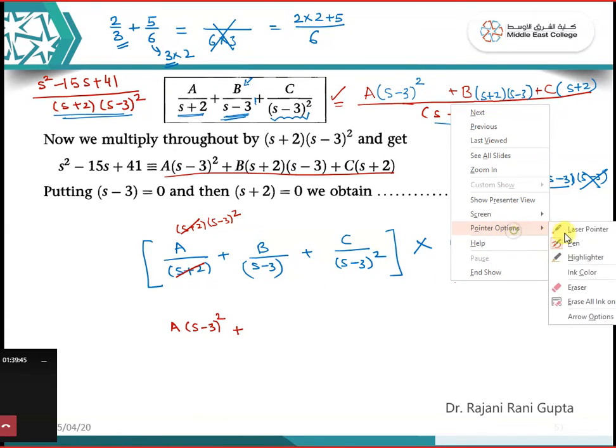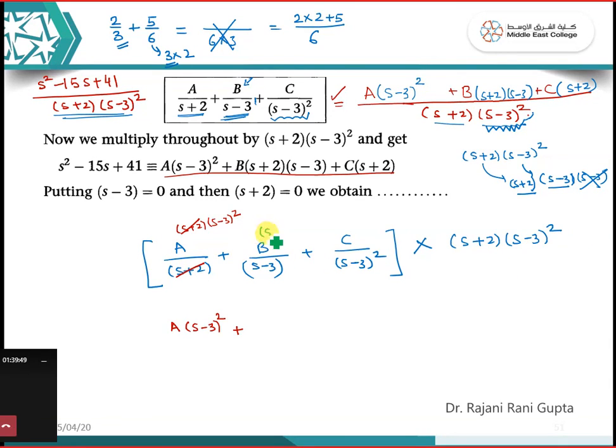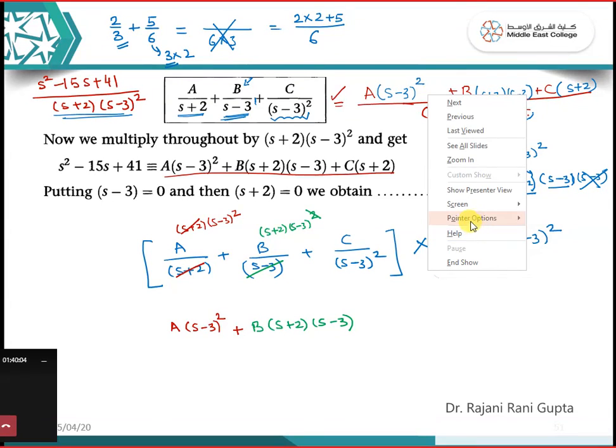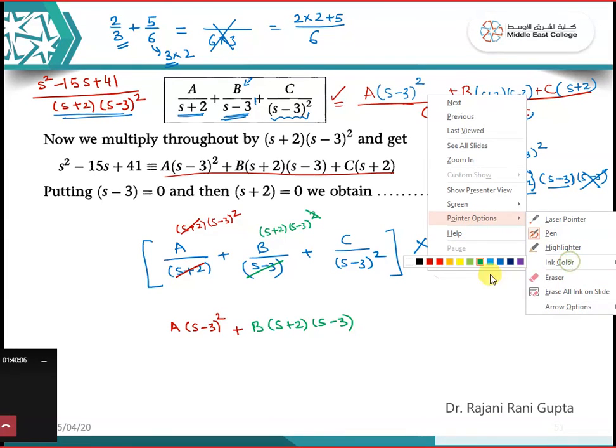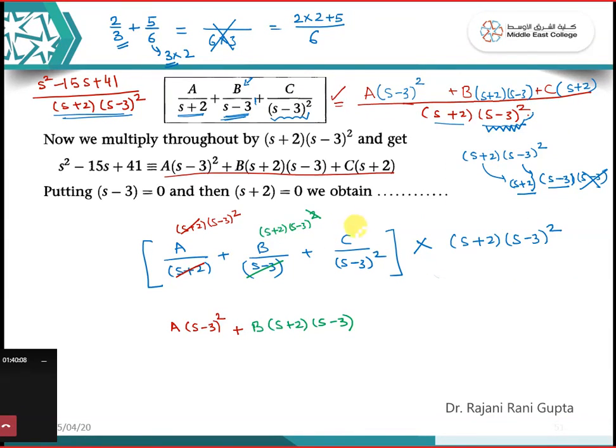Now you are working with B. Again with B you have s plus 2 and (s minus 3) power 2, so power 2 and power 1 cancel. So with B you are left with (s plus 2)(s minus 3). Then with C, again you are multiplying (s plus 2)(s minus 3) power 2.